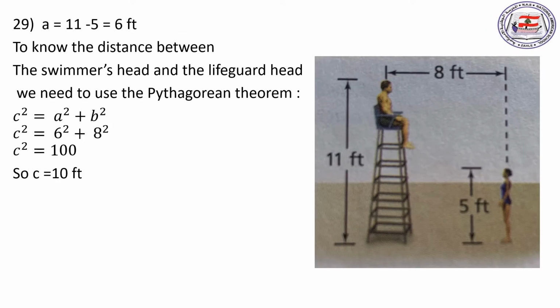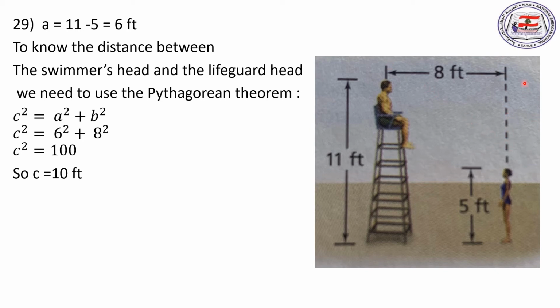In number 29, we need to find the distance between the swimmer's head and the lifeguard's head. As shown in the figure, to calculate the distance between the two heads, we need to find the hypotenuse of the right triangle formed between 8 feet, the dotted line, and the distance between the two heads.